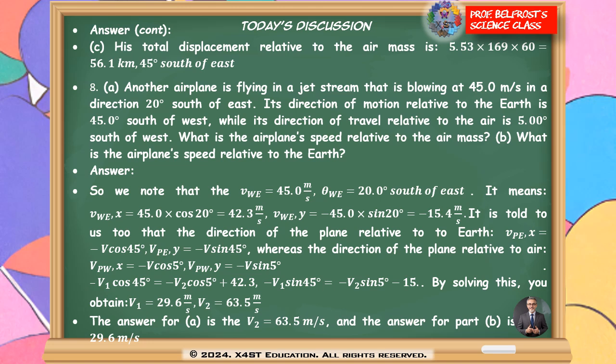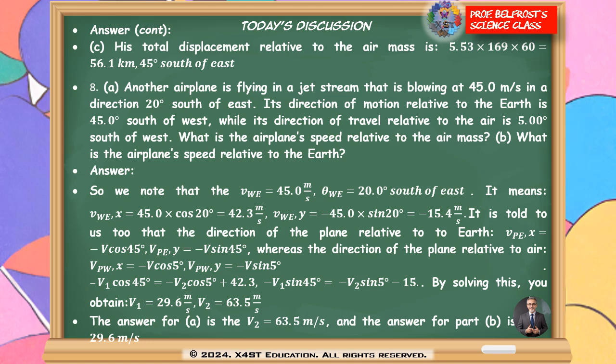And plane relative to Earth, I make it short by writing the notation PE. So I extract its vector into x and y, you see. Also for the plane relative to wind, it's PW. I make it into its x and y components.